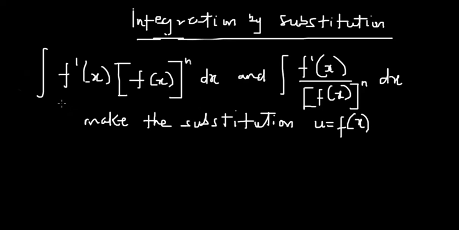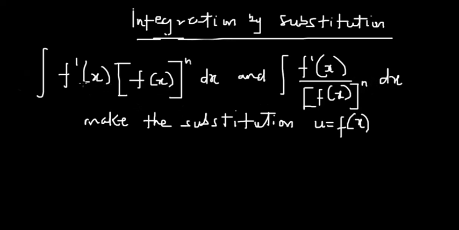So let's say you come across an integral in this format. You have the integral sign and then f prime of x multiplying f of x, all raised to the power n, that's f of x raised to the power n dx, or you come across an integral of f prime of x divided by f of x all raised to the power n dx.